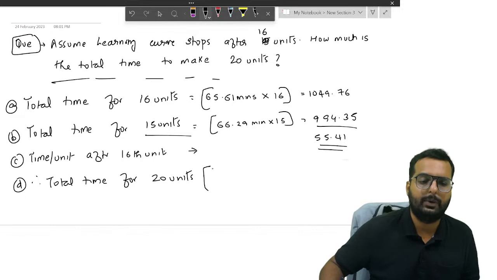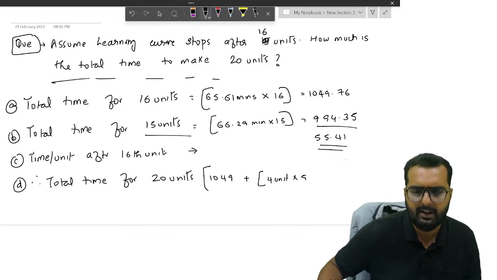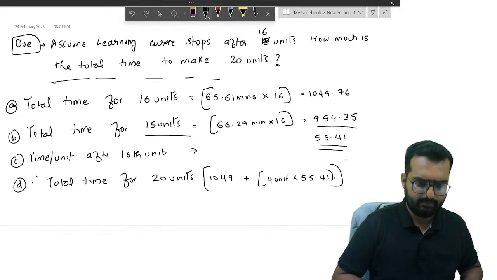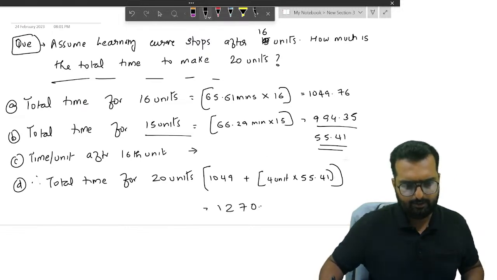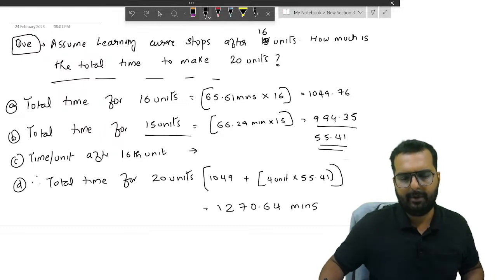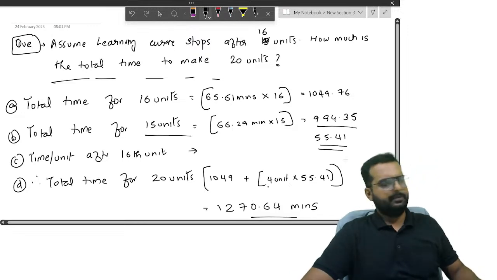Therefore, my total time for 20 units will be 1049 for 16 units plus the balance 4 units into 55.41. Do you get the answer as 1270.64 minutes? This is the final answer. Can you write this down and finish it off?